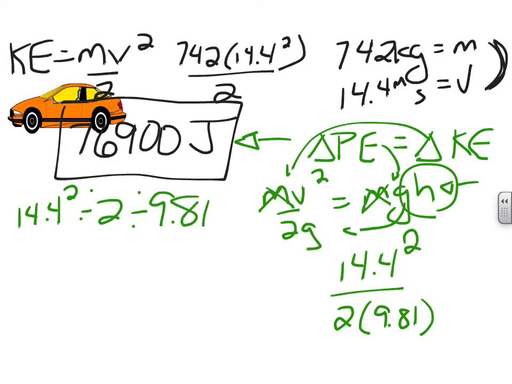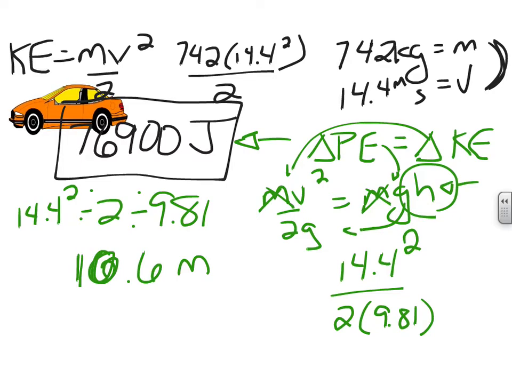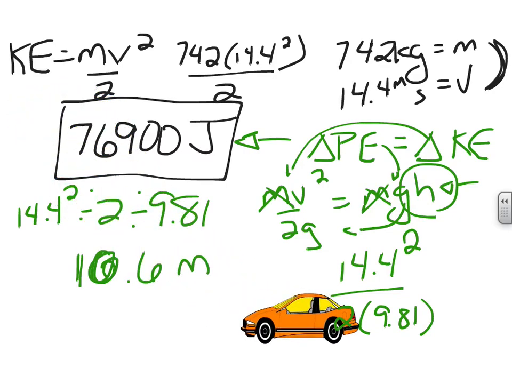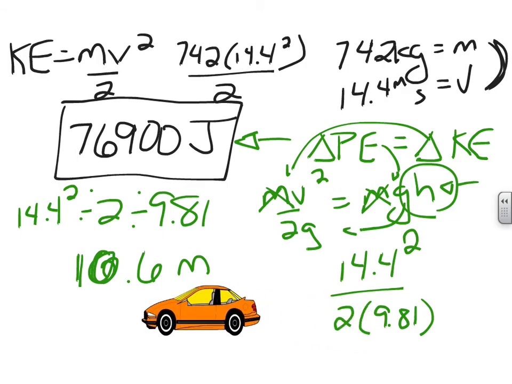So either way, we end up with, it can go 10.6 meters up the hill, no más. Once I get to that point, if I have run out of kinetic energy, so I'm going to stop, and then I would roll back down the hill. And so that's all the higher I can get.